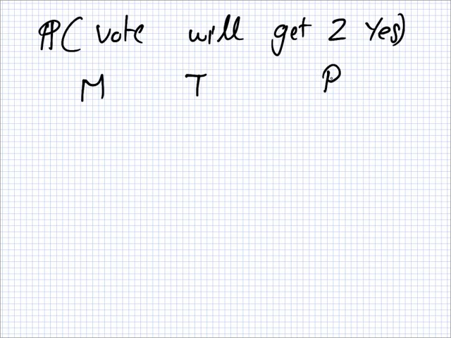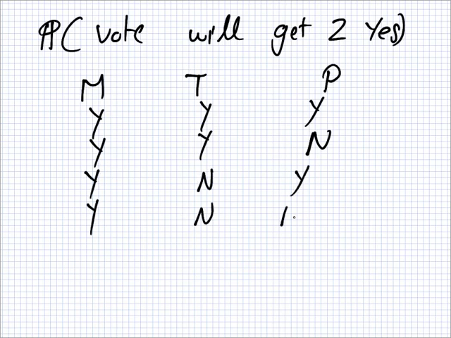So first, I'm going to list all the possibilities, and then I'll just pick the ones I care about. So we could have they all vote yes: yes, yes, yes. And then we could have Pony vote no, and then yes, no, yes, yes, no, no, no, yes, yes.